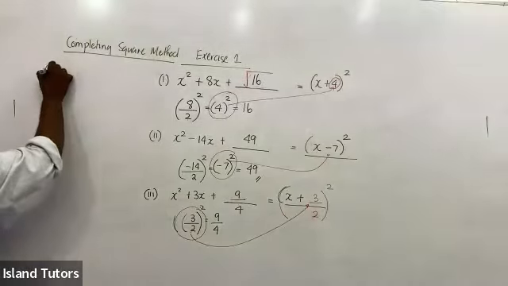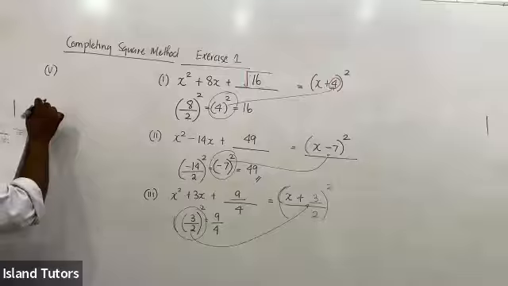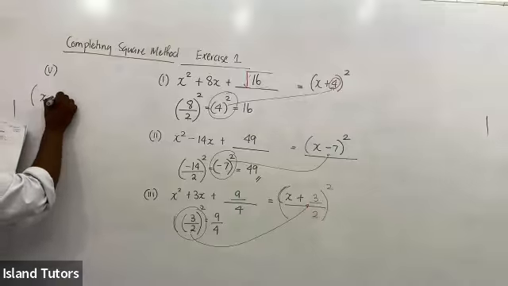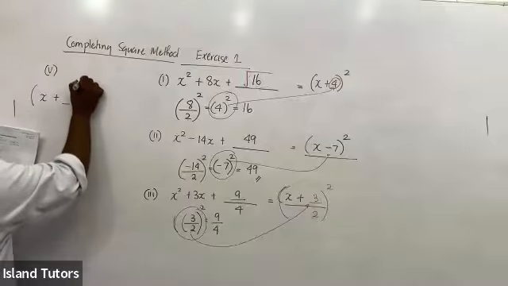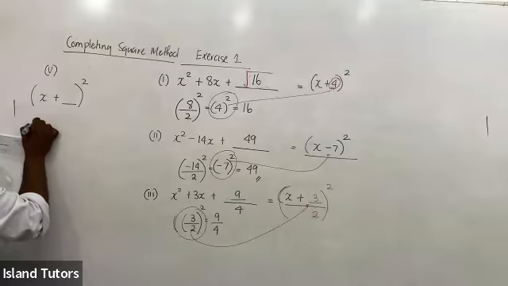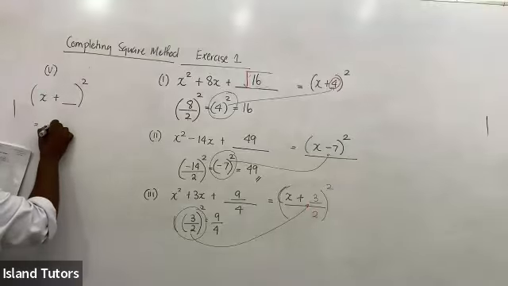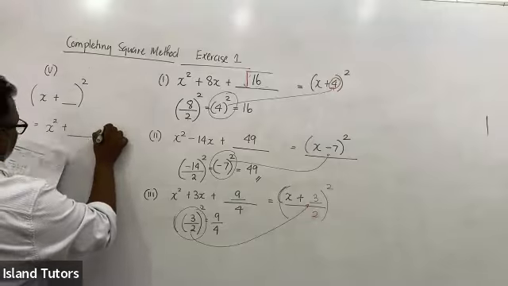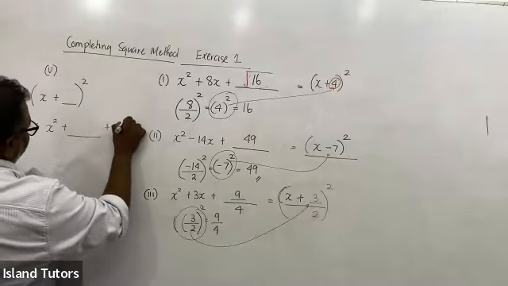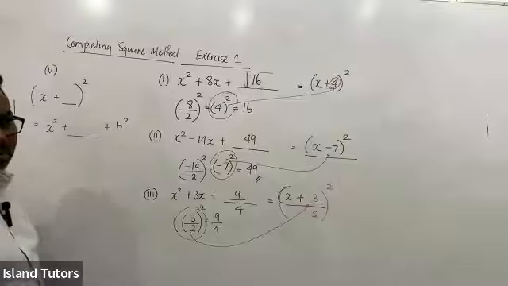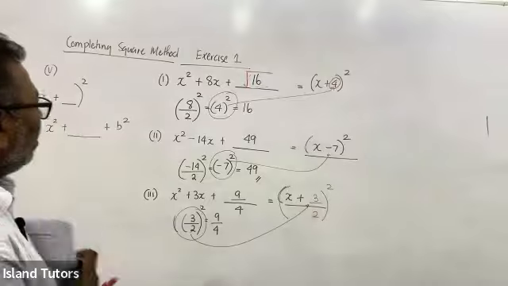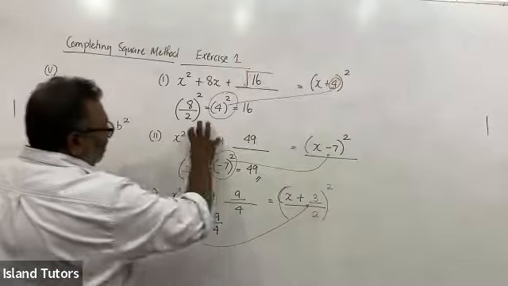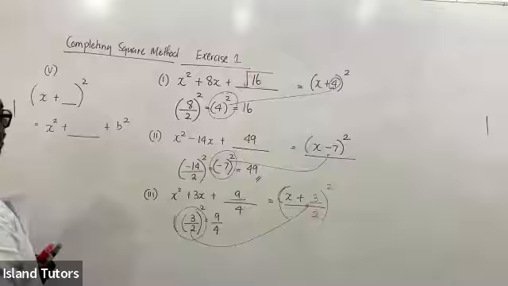Fifth one looks a little different. x plus blank, squared, is equal to x squared plus blank plus b squared. So how are you going to fill in the blanks? We don't know the middle term. We don't know this, so we can't divide it.